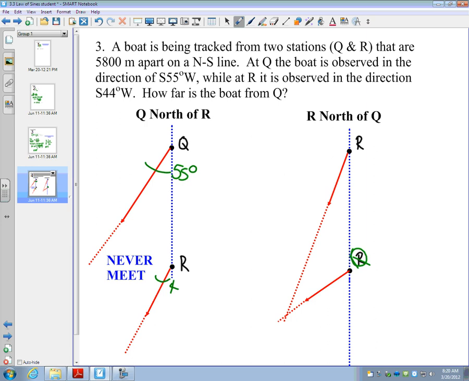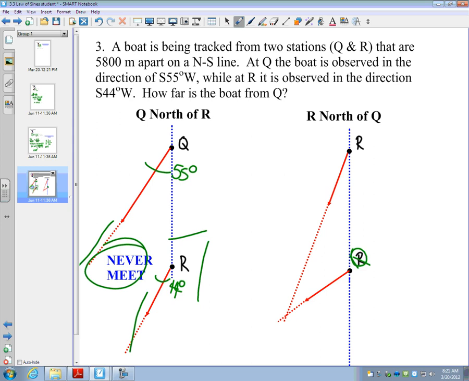So this is 44 degrees. Now, if you took these two lines, one going at 55 degrees out, the other at 44 degrees out, these lines are going to continue outwards from one another. In other words, they're going to be like that. That's a little exaggerated. And they're never, ever going to meet. So in this case, Q north of R, they never meet. There's no such scenario where that works out.